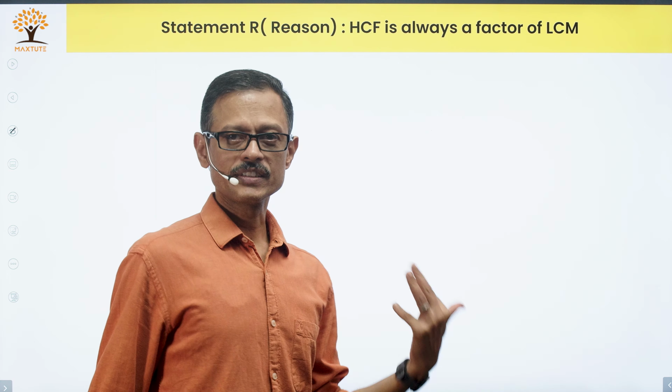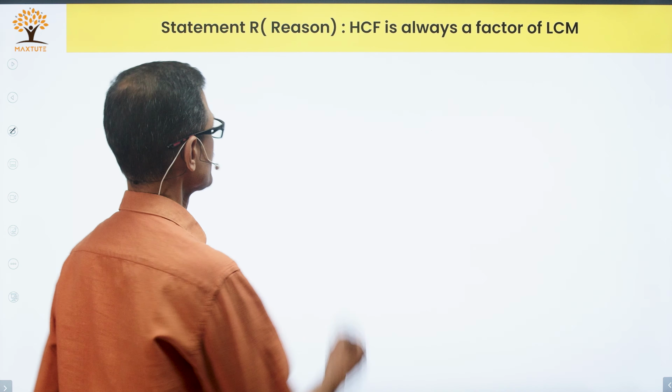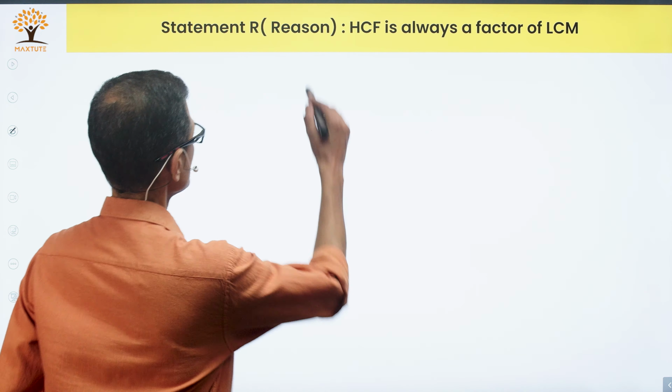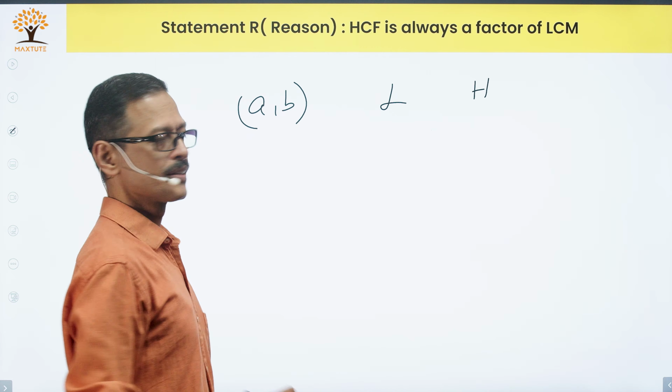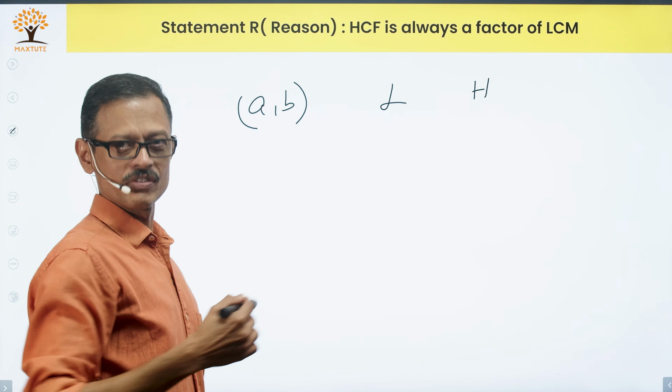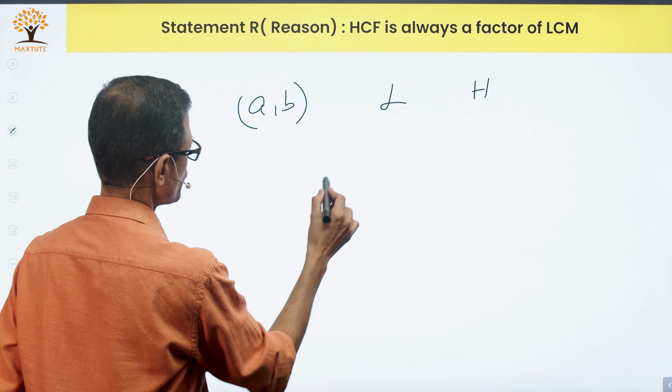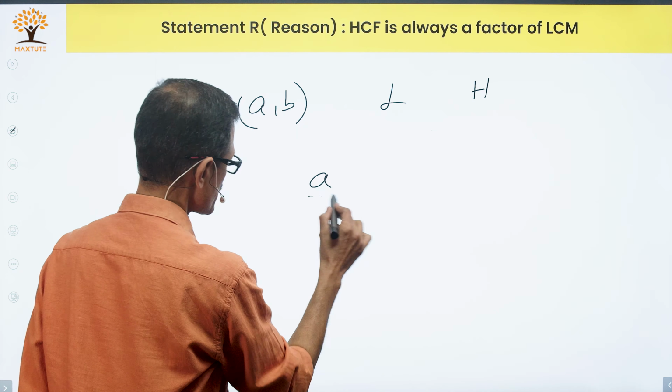HCF is always a factor of the LCM. That is true, right? Look at it. If you have two numbers A and B, let's say their LCM is L and HCF is H. The HCF will divide both these numbers, which is why it's called the highest common factor. So A is divisible by H, B is divisible by H. This is established.